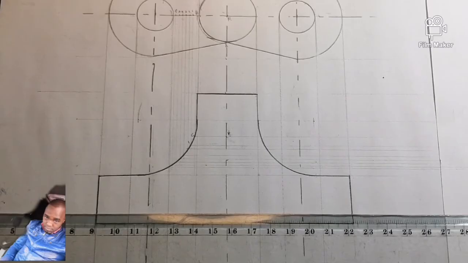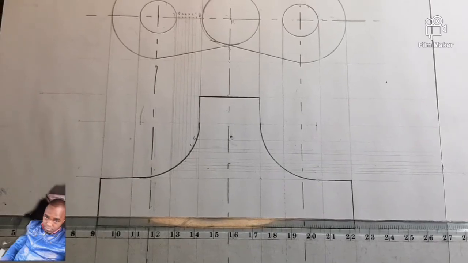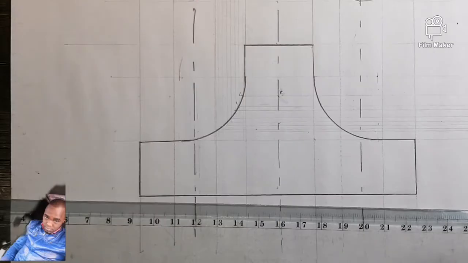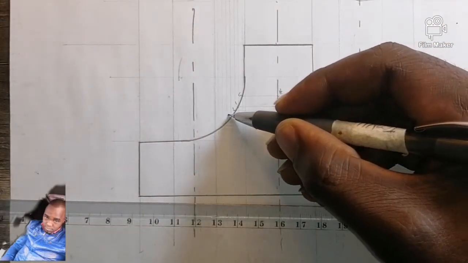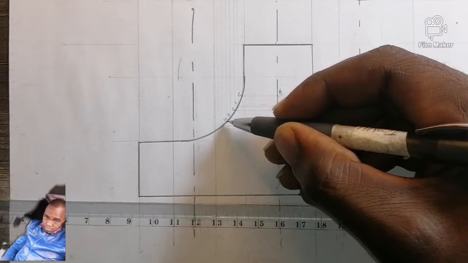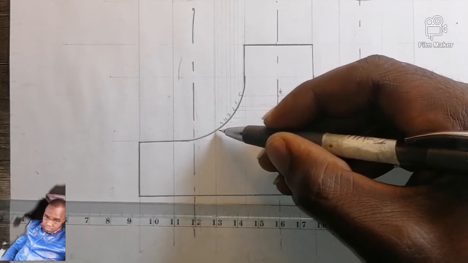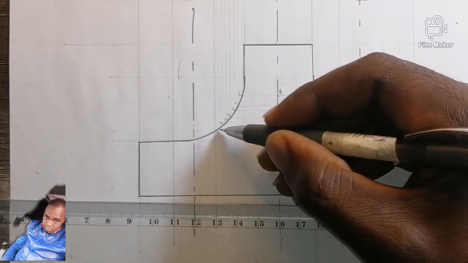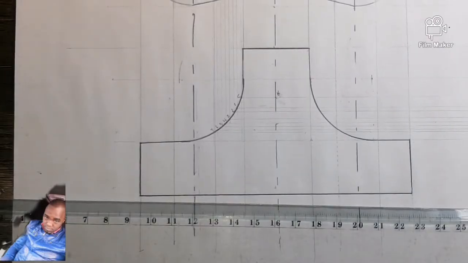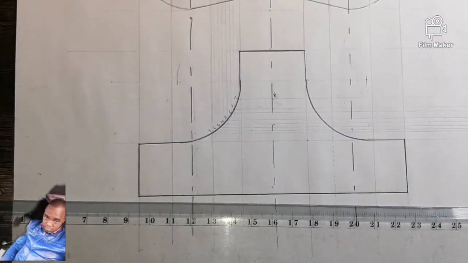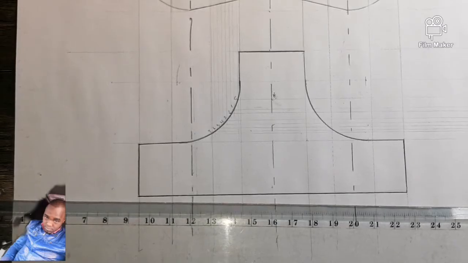So your lines must be accurate. There must be a difference between a faint line and a dark line. Then from there, what is happening? This was 1. This is 2. This is 3, 4, 5, 6, 7. If there would be a need for 8, 9, 10, we will get back.